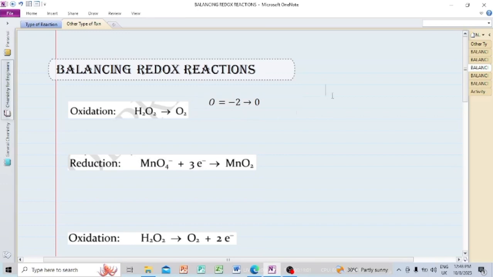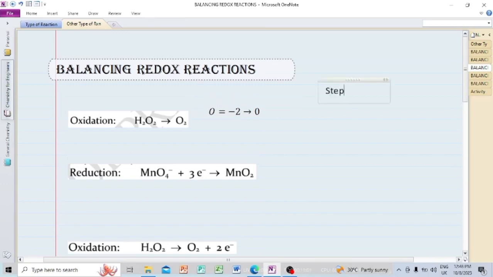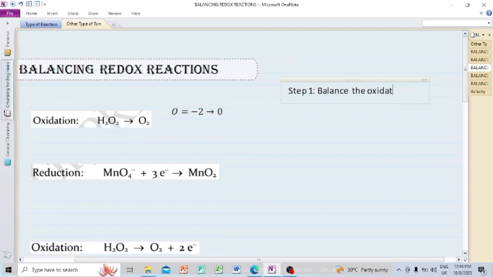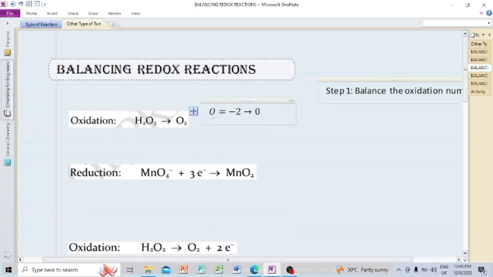So step 1 is to balance the oxidation number. In this half reaction, the oxygen goes from 0 to negative 2, so to balance the oxidation number, we add plus negative 2.